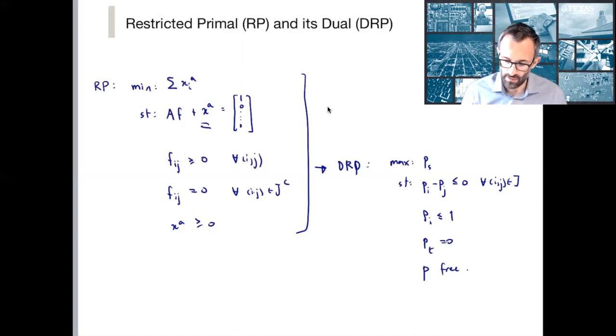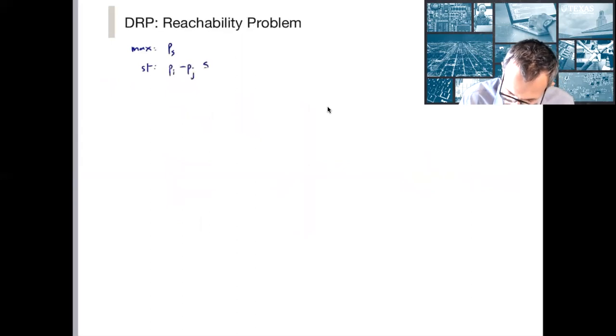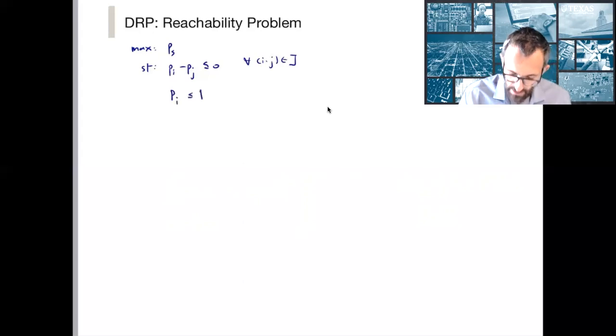So let's write that down again. Just max PS subject to Pi minus Pj less than 0 for every ij in J, and Pi is less than 1, and PT is equal to 0. So this problem is something that's now very easy to solve.